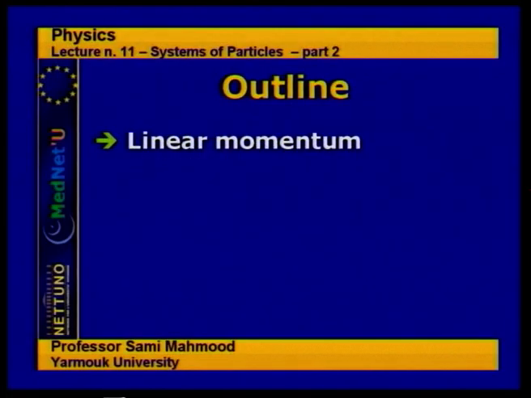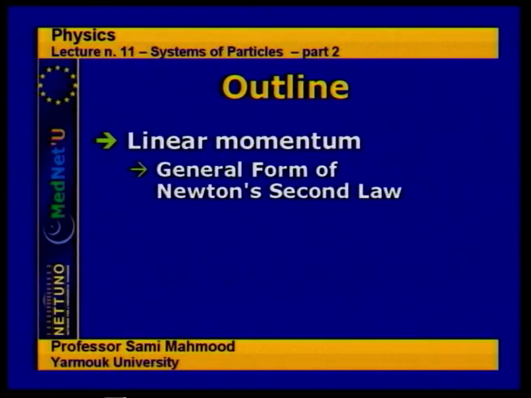After that, we will define a new quantity in physics, in dynamics specifically, and this quantity is called the linear momentum. We will define the linear momentum for a particle, and then we will state the general form of Newton's second law in terms of this quantity, the rate of change of this quantity, in fact.